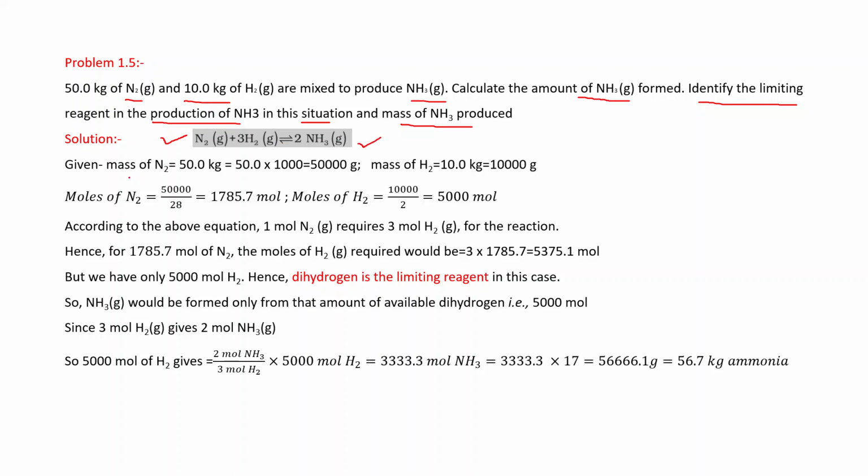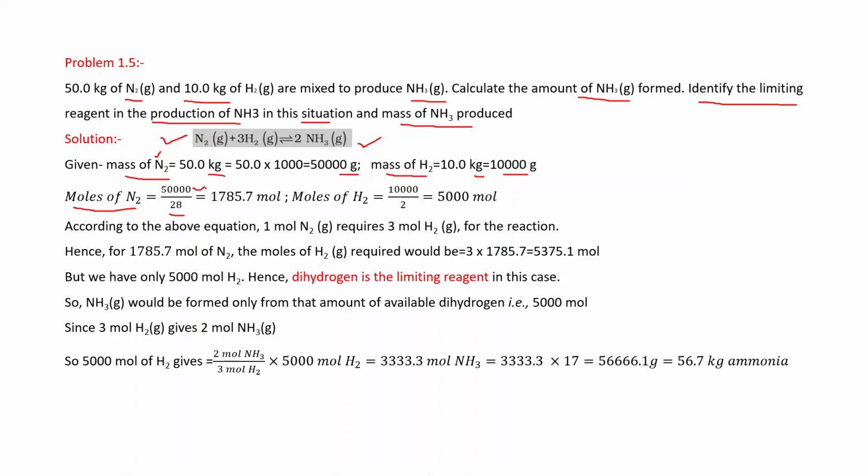Then in the question, mass of N2 is given in kilogram. First we'll convert it into gram. And in the same way, mass of hydrogen is also given in kilogram. We will convert it into gram. Molar mass of N2 is 28. That's why first we'll find the moles of N2 present in 50,000 gram.